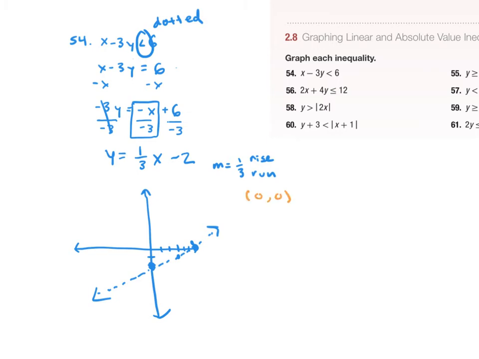So we plug in 0, 0 to the original. We're plugging in 0 for x and 0 for y. 0 minus 3 times 0 is less than 6. So 0 is less than 6. Is this true? Yep. So where are we shading? Above the line. Since 0, 0 was above the line and it's true, we shade above the line.